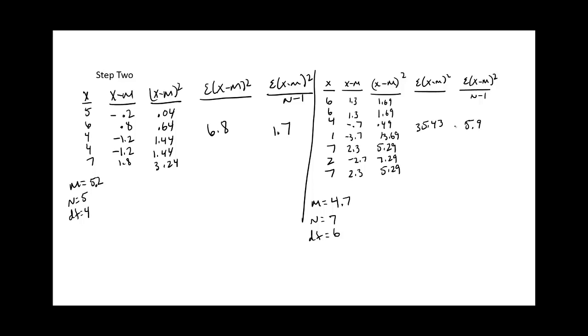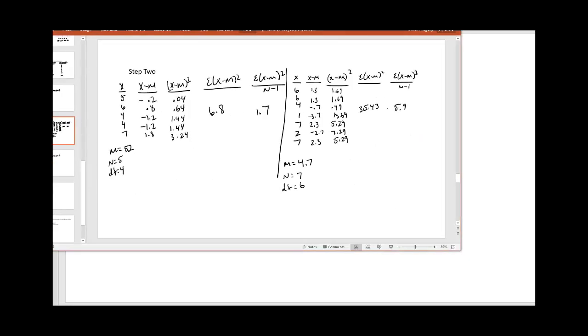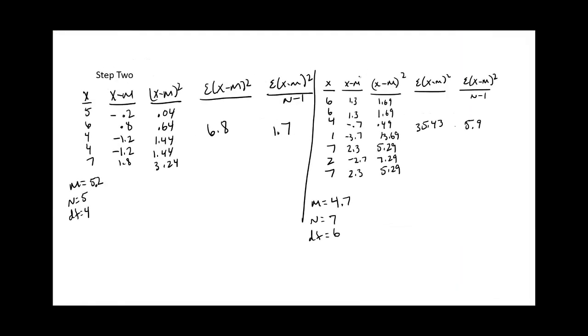So each of these samples has its own characteristics, and I'm going to go ahead and plug in the estimated population variance for each one, 1.7, and estimated population variance for group 2 is equal to 5.9.